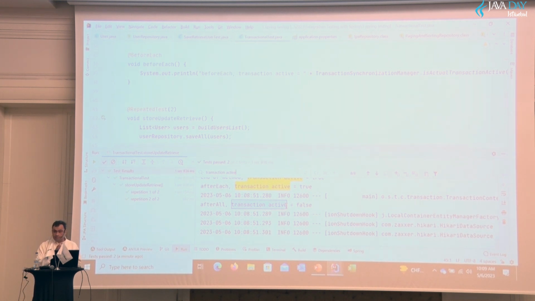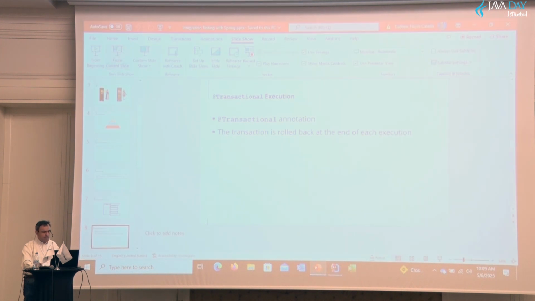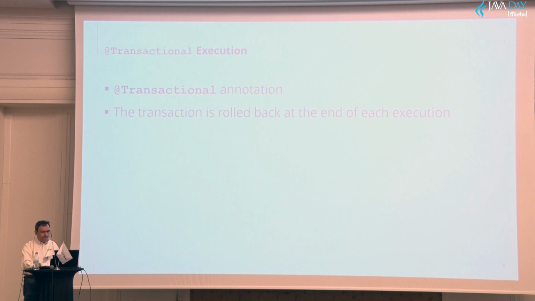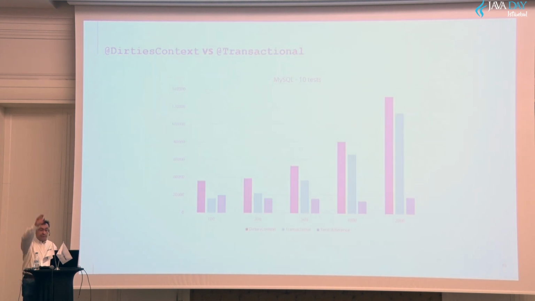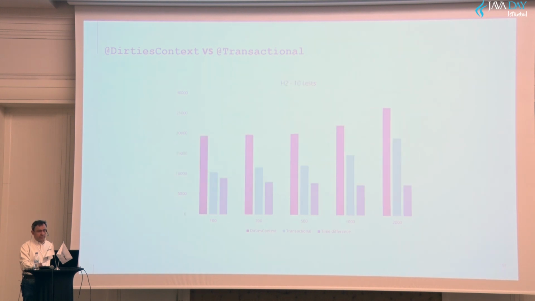At first sight, using this transactional annotation looks better than using the dirties context. I made here some experiments. You see, by executing several suites of tests, we see the difference for a number of rows starting from 100 to 2,000 rows that we executed with MySQL dirties context versus transactional, and with H2 dirties context versus transactional.